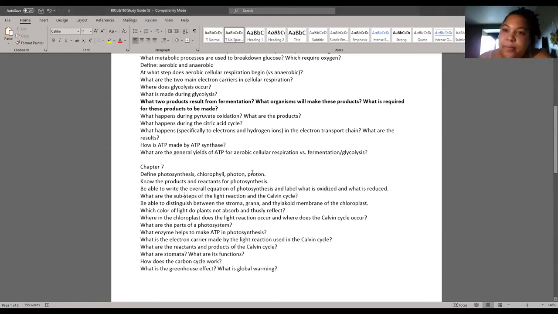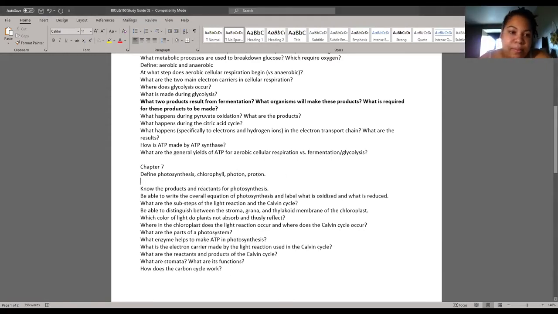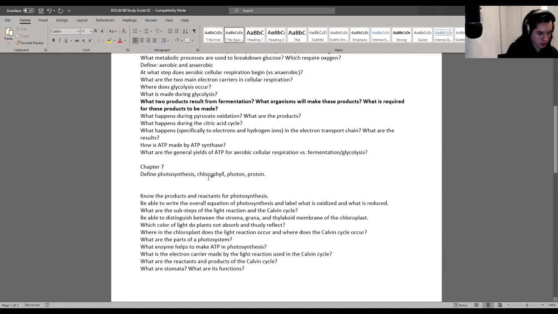Okay. So define photosynthesis: chlorophyll, photon, proton. Cool. Photosynthesis is just going to be the conversion of CO2 gas in the atmosphere into usable sugars.